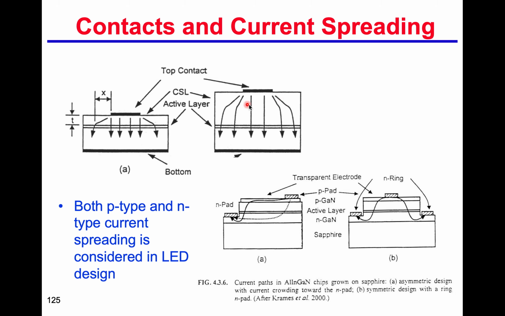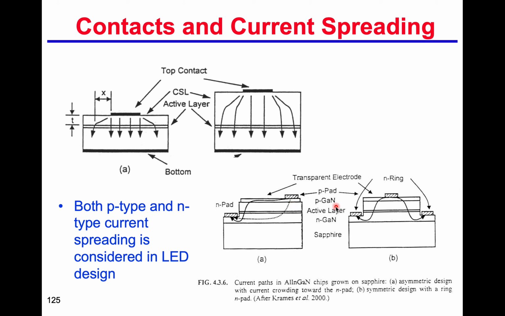And here it shows that sometimes we want to increase the thickness of the LED so that we have much more uniform current spreading, and we can tune the layout of our electrodes. In this case, the holes from the p-type material may not be so uniform because the length is very long.